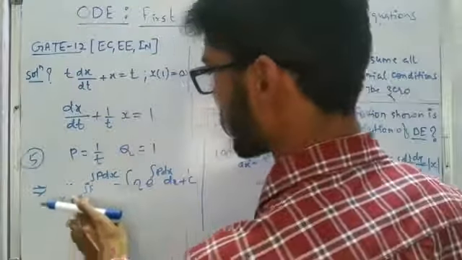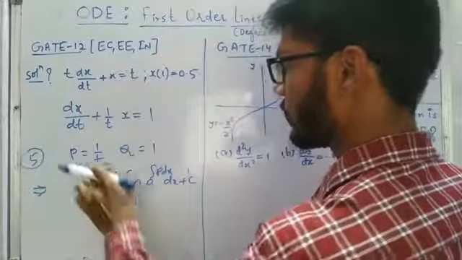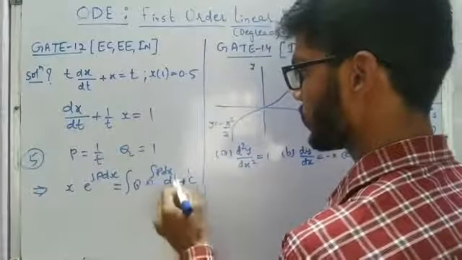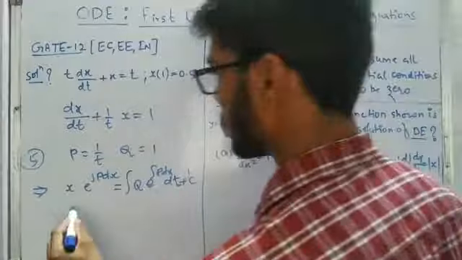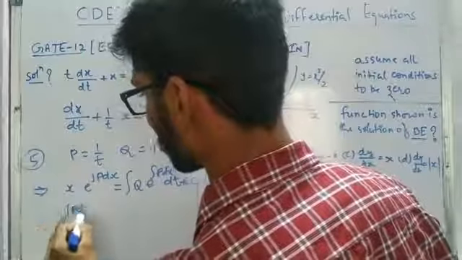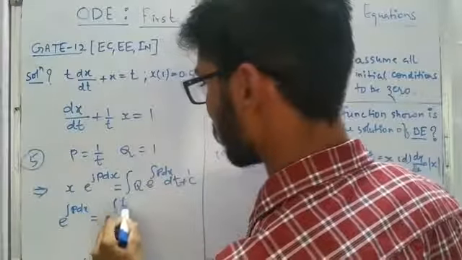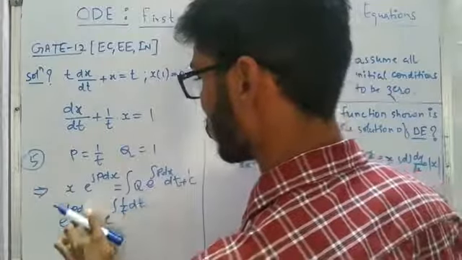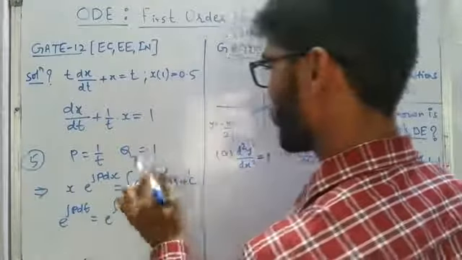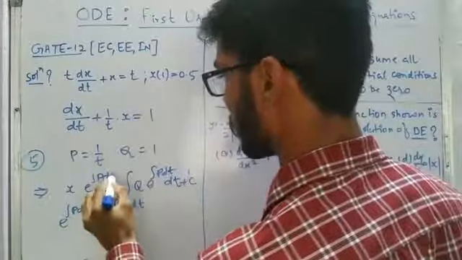But as it is dx by dt, instead of dx we should have dt over here. So e power integration P dx is nothing but e power integration 1 by t dt. Everywhere instead of x we have t.